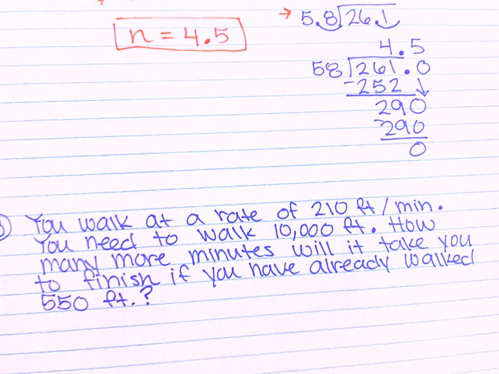So you walk at a rate of 210 feet per minute. You need to walk 10,000 feet. So how many minutes is it going to take you if you've already walked 550 feet? That is the word problem that you might get.